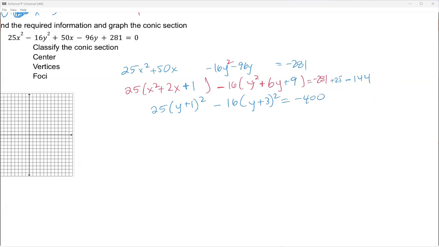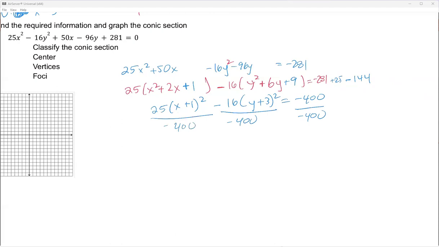Oh, thank you. I was almost out of it. Thank you. Yeah, that makes a big difference because now we divide by the negative 400, right? And what happens is the positive variable switches.